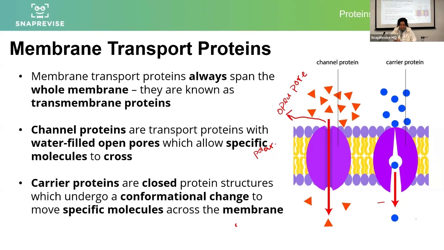They also move specific molecules across the membrane. Note that carrier proteins may be involved in either facilitated diffusion or active transport, whereas channel proteins are only involved in facilitated diffusion.